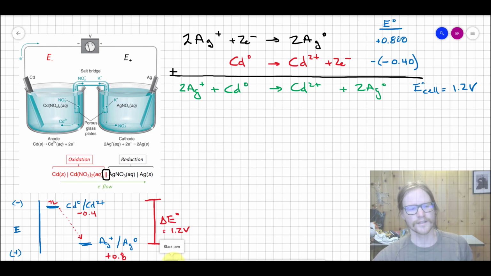The two vertical lines here refer to this thing, which is the salt bridge. So the salt bridge is simply a means to connect the two cells together, but to keep them physically isolated but electrically in contact. And as long as you have that there, you can imagine this whole thing as a circuit, which it is.